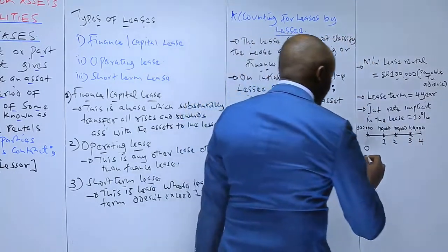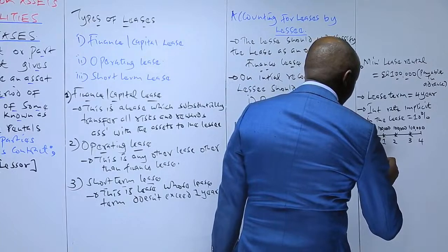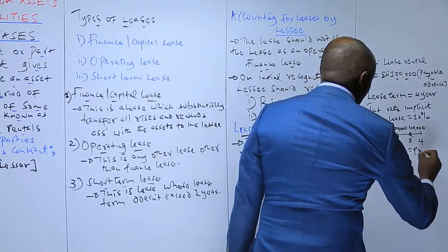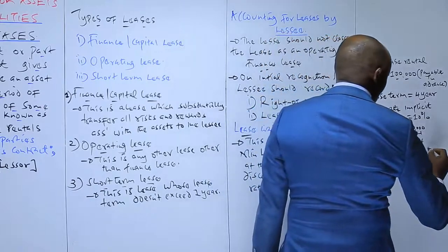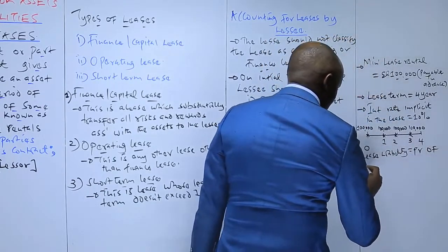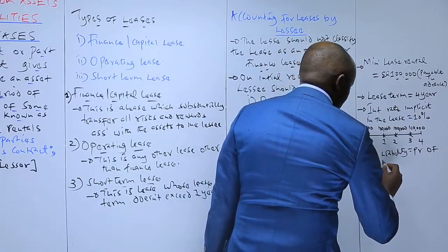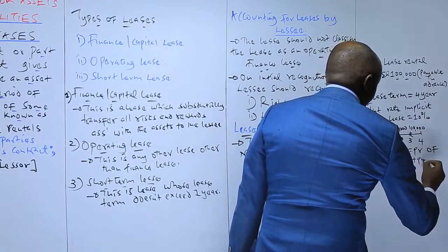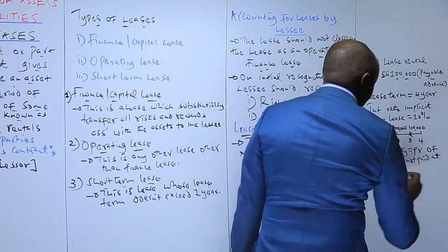So to determine the lease liability here, we are saying that this will be equal to the present value of the minimum lease rentals not paid at the inception date.